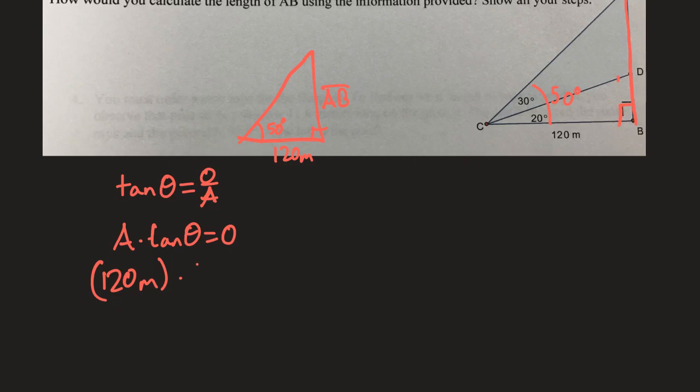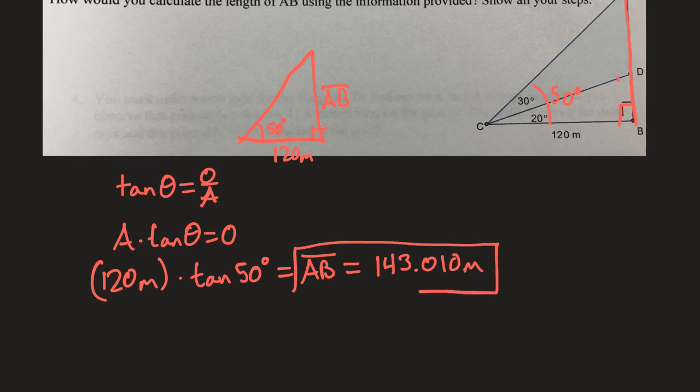We are multiplying it by our tangent of 50 degrees, and that tells us what our line AB is. Plugging it all in, we find that AB is equal to roughly 143.010 meters. And that's your final answer.